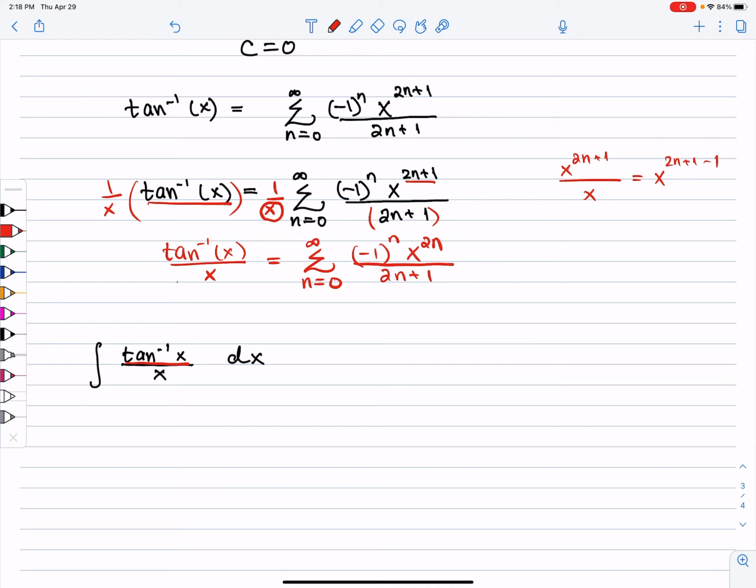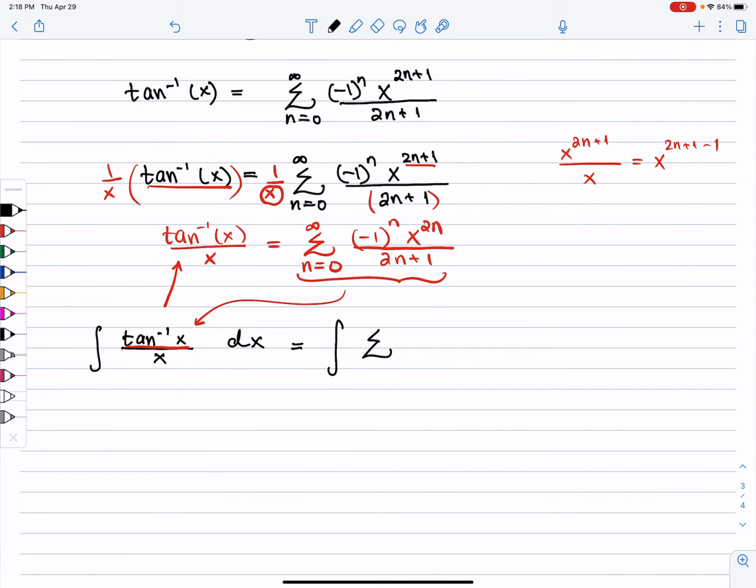So what we want to do is write tangent inverse of x over x as a power series, because remember, those were the instructions. So this is going to be equal to the integral of sigma, as n goes from 0 to infinity, negative 1 to the n, x to the 2n over 2n plus 1, and then dx.